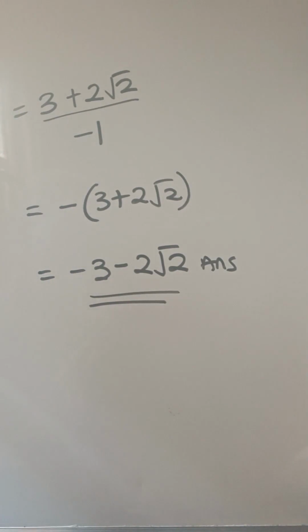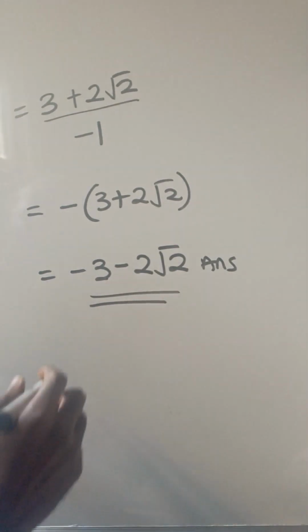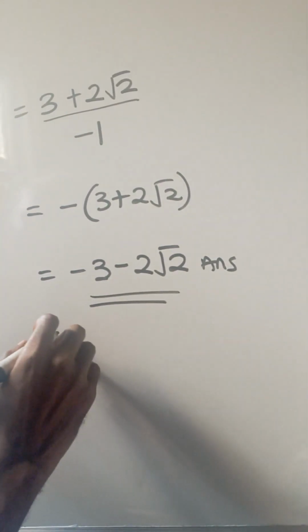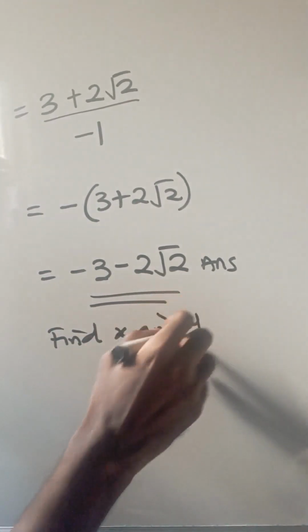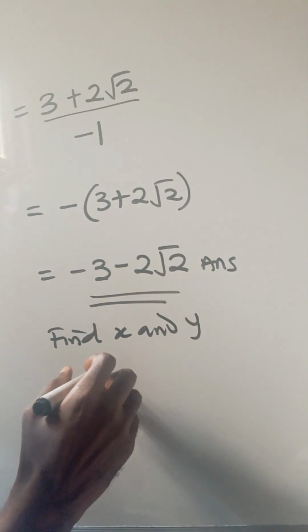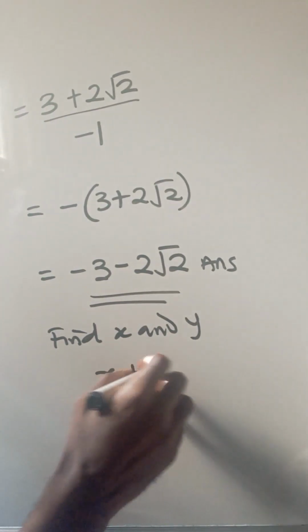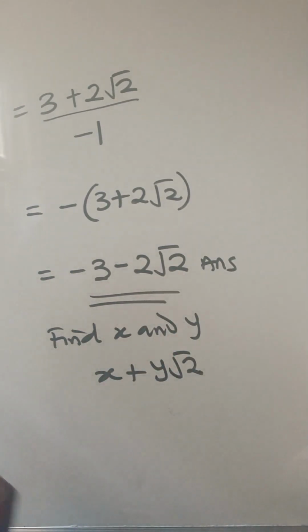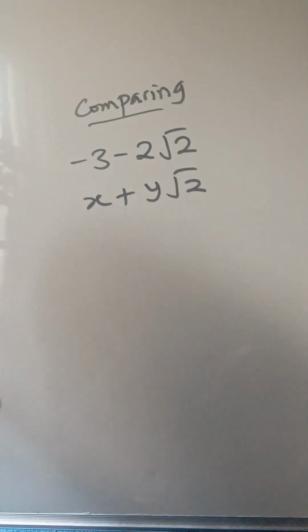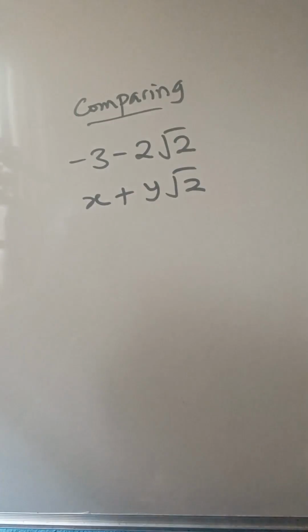Now from the question, we are being asked to find x and y. So remember the question gives us x plus y root 2. So if we compare, just to make it more clear, let's do the comparison.